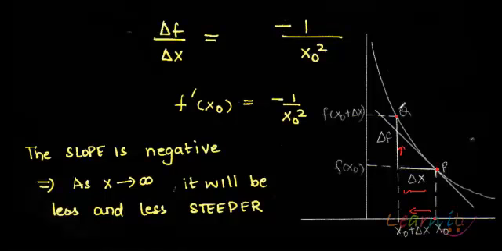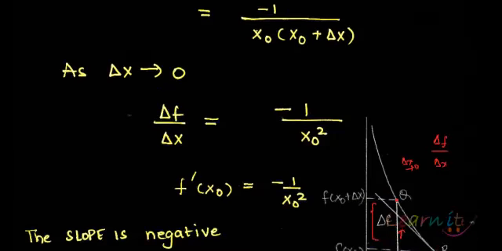And that's the change in f. The derivative will be change in f upon change in x as change in x goes to 0, as it becomes minute and minute, so that point Q is coming towards P.